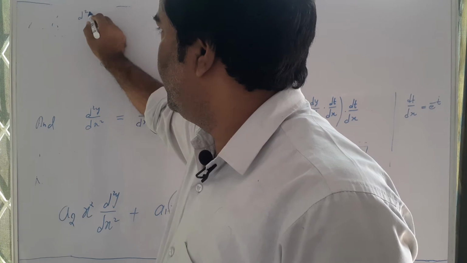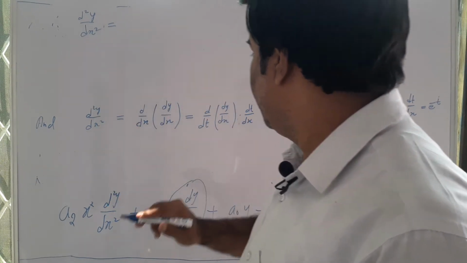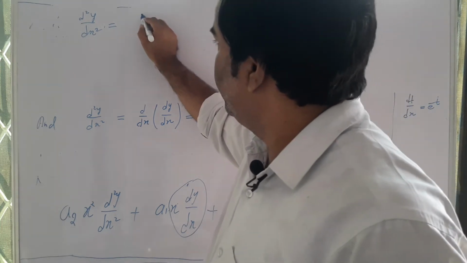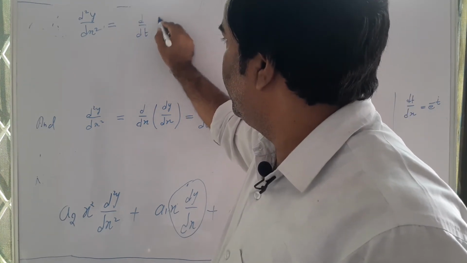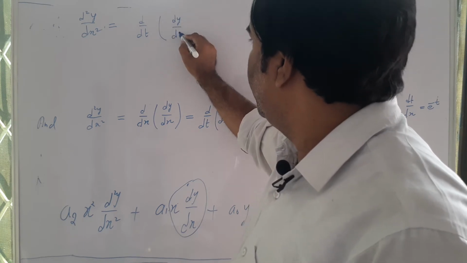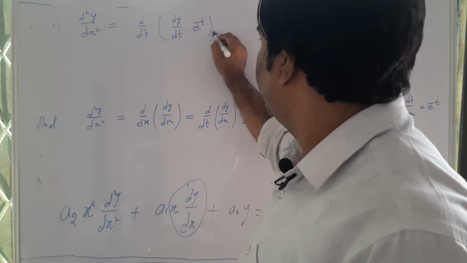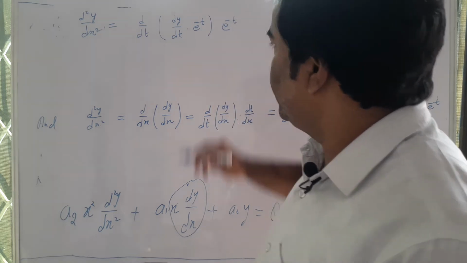Therefore d square y over dx square is equal to d over dt of dy over dt into e to the power minus t.